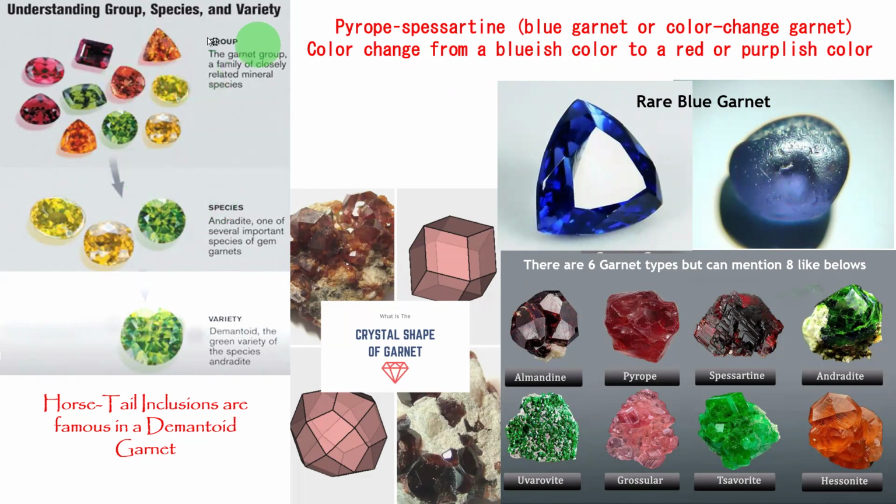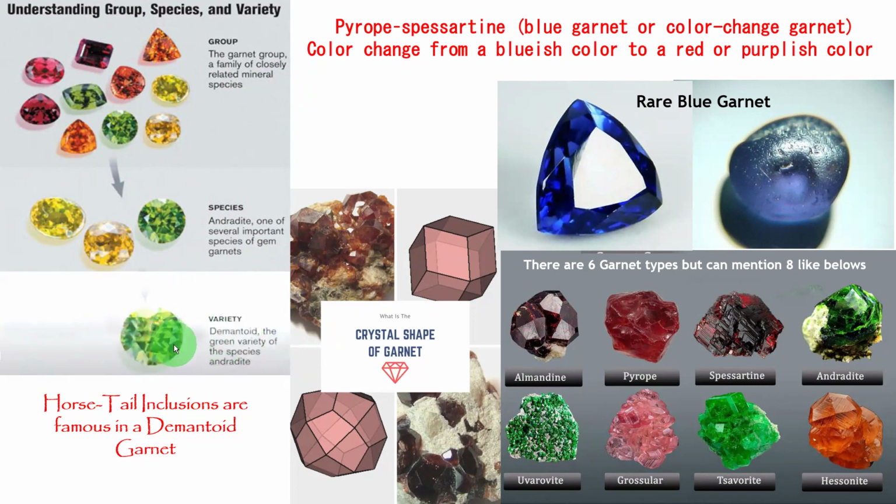Look at this. In this group, understanding group, species and variety. Group: the garnet group, a family of closely related mineral species. Species: andradite, one of several important species of gem garnets. Variety: demantoid, the green variety of the species andradite.